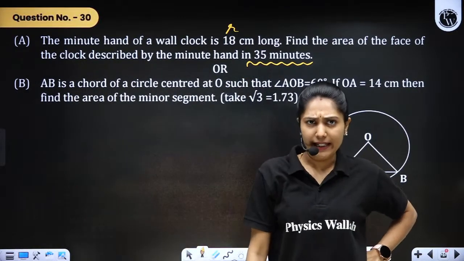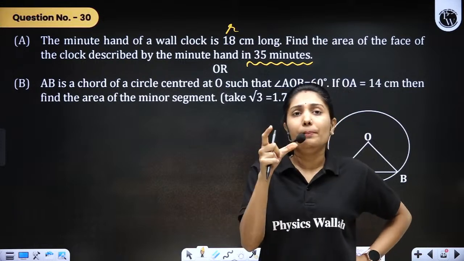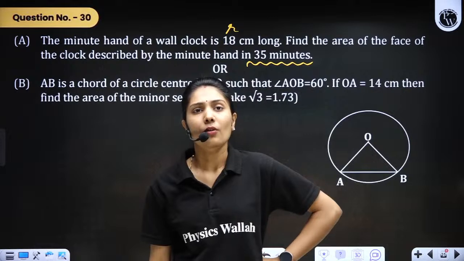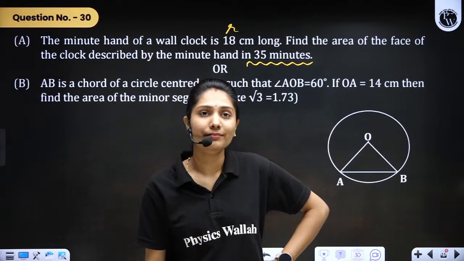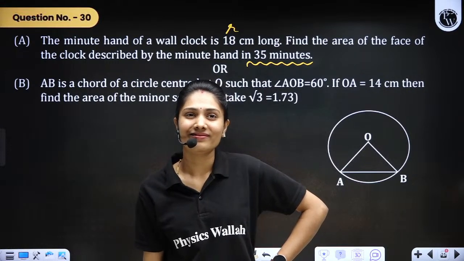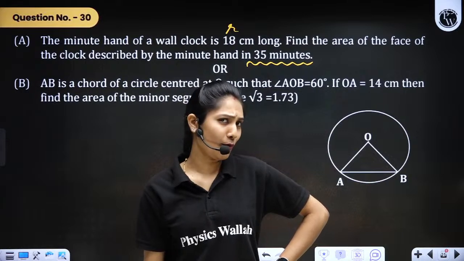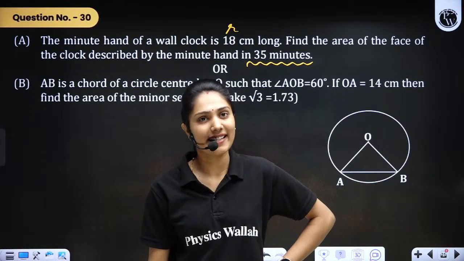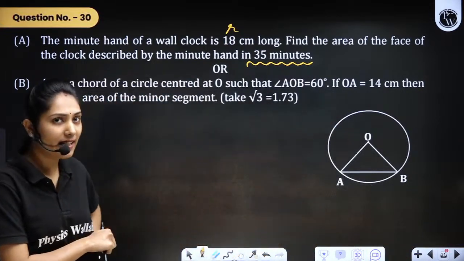Firstly, what will be the angle made by the minute hand in 5 minutes only? 30 degree, exactly. Angle made in 5 minutes is 30 degree.